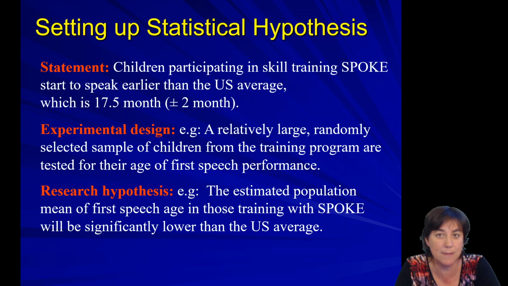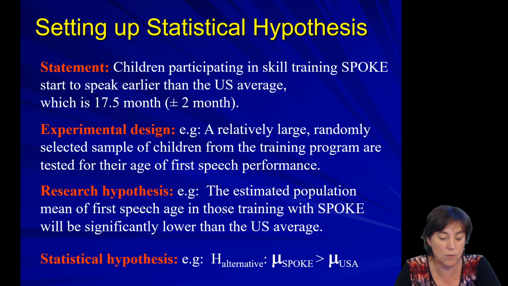So these are details, but not for now. Our research hypothesis will say that the estimated population mean of first speech age in those in the SPOKE training program will be significantly, and that's a word we will have to learn from now on, significantly lower, not just lower, significantly lower than the US average.